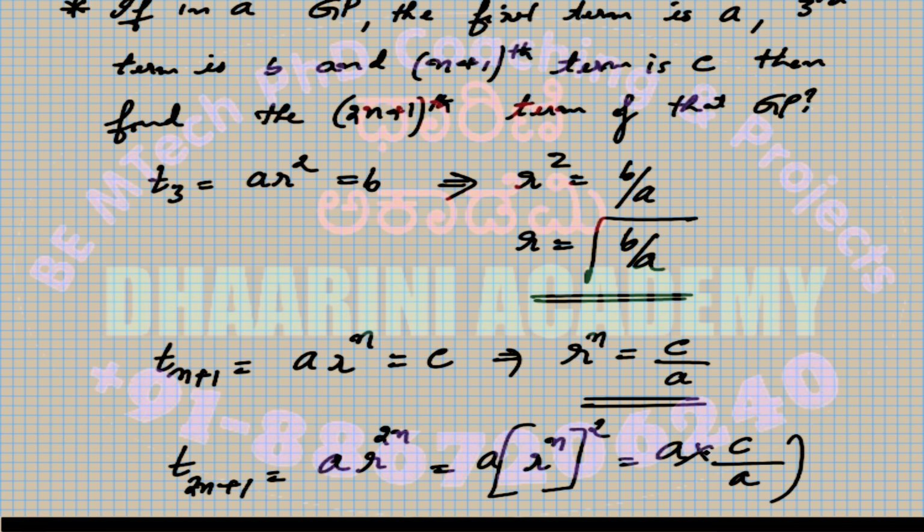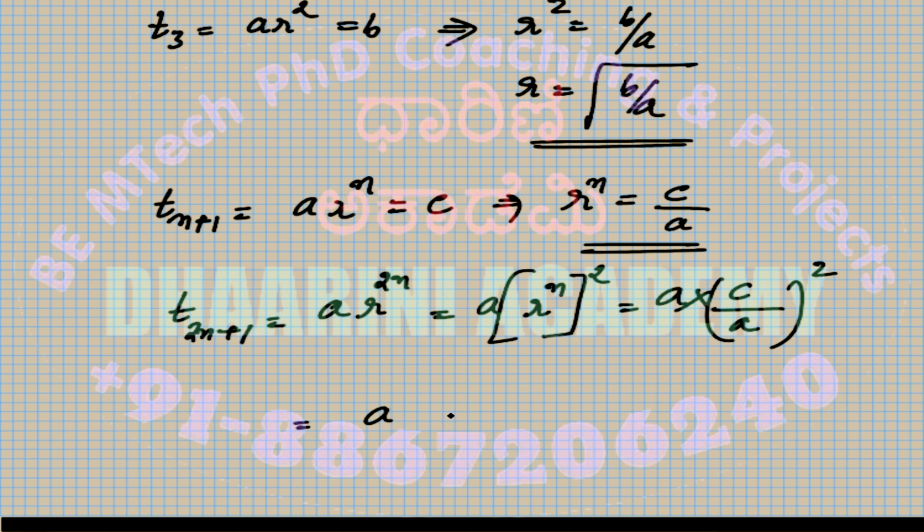C by A is square. So this means it is A into C square by A square. So one of the A cancels. So T 2n plus 1 is C square by A, which is the required answer. And this is present in one of the four given answers. Okay. Then let's move further. Next question.